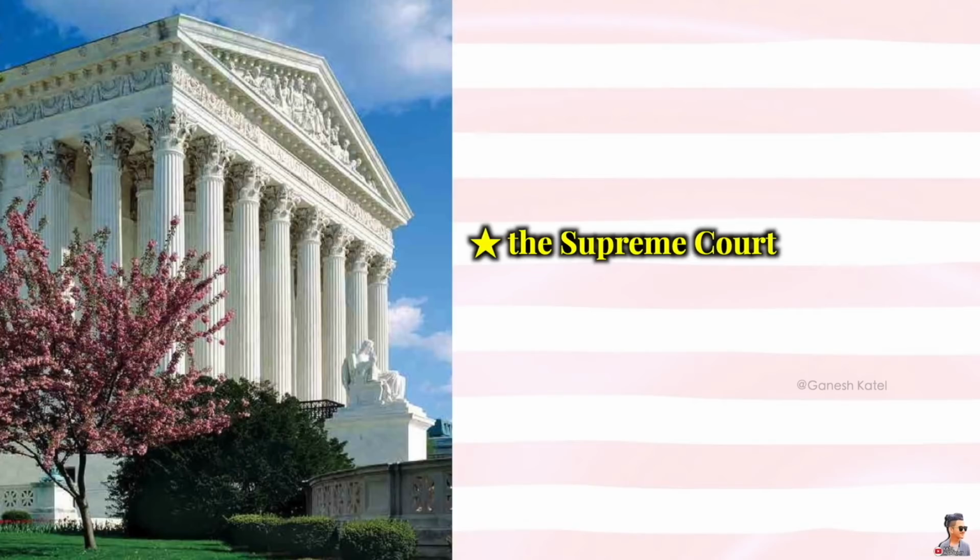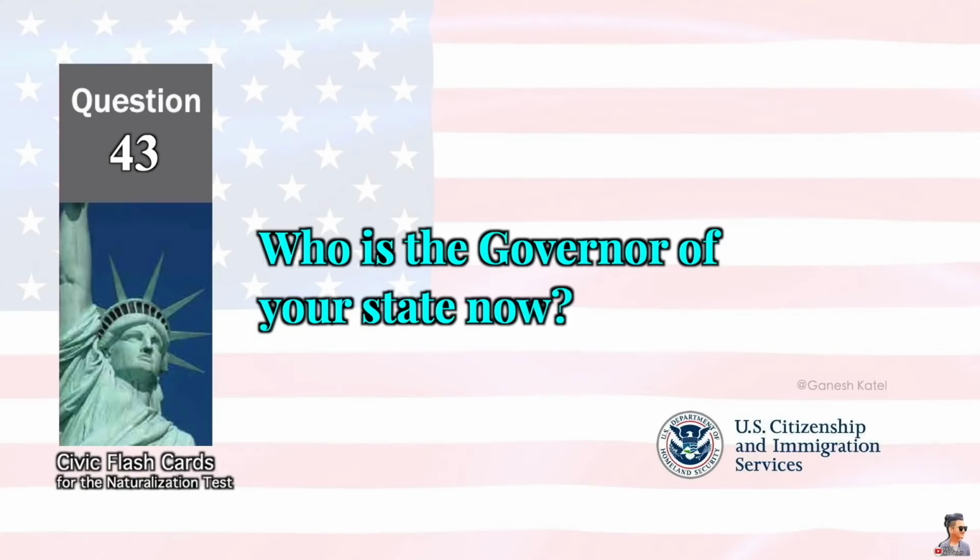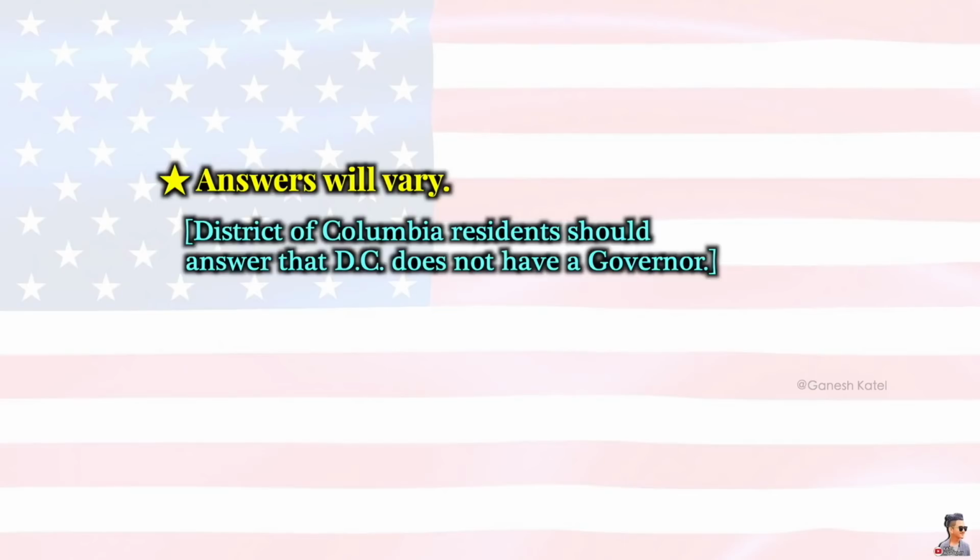The Supreme Court. Who is the governor of your state now? Answers will vary. District of Columbia residents should answer that D.C. does not have a governor.